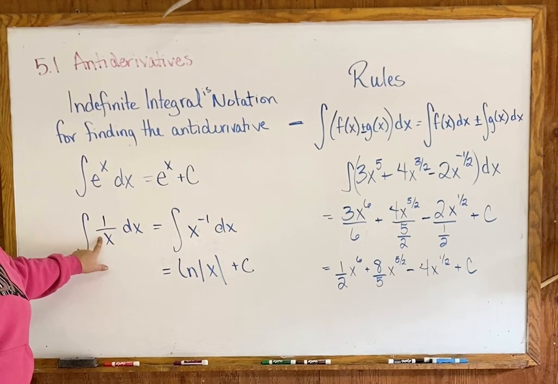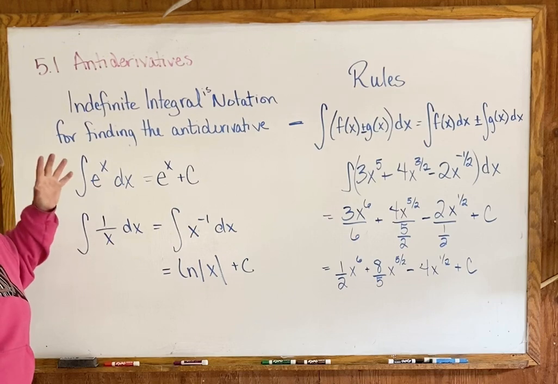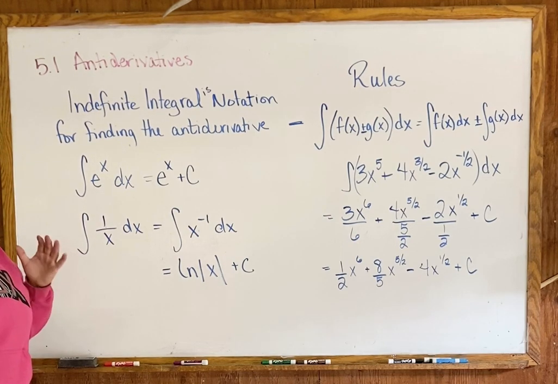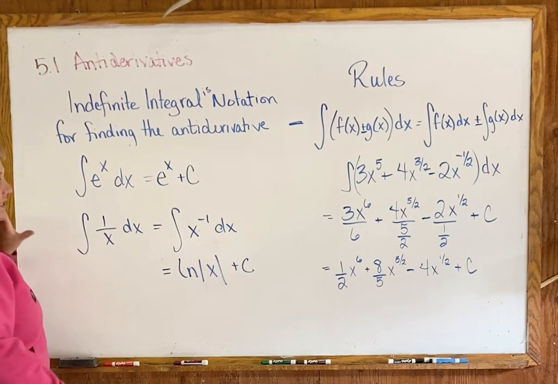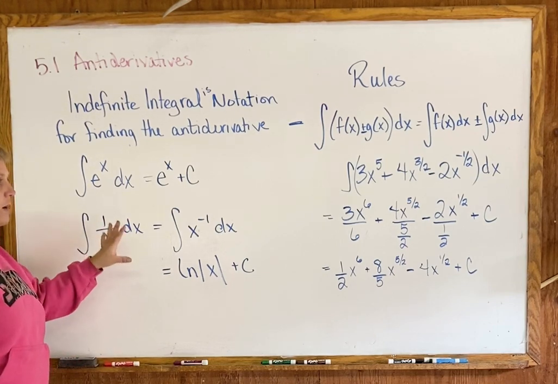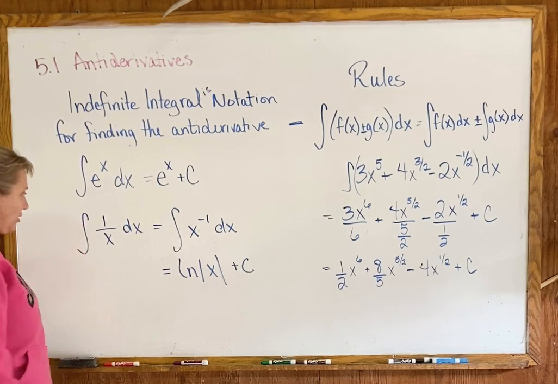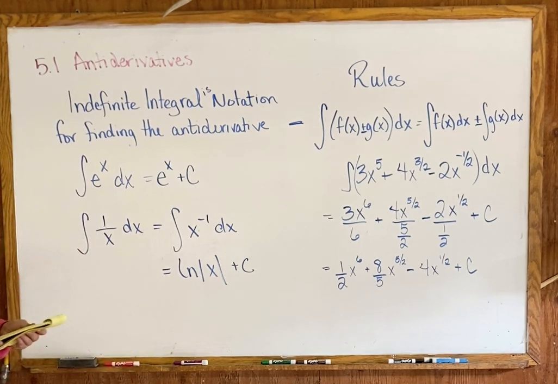So when you see the 1 over x, you've got to remember that, oh, that's the ln of x. That's the antiderivative. Okay, and like I said, this is the easiest one to screw up on. More people screw up on this one than all of the others combined. Okay, so you gotta watch this one. Watch it.